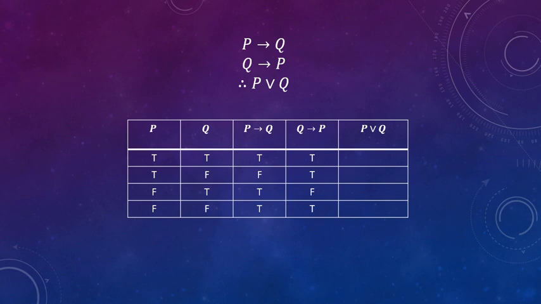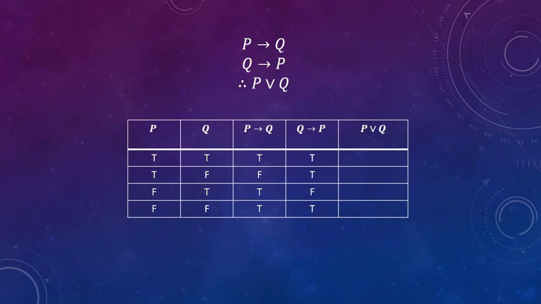So instead of completely filling out the final column, which is the column for our conclusion, once we filled in the columns for each of our hypotheses, let's just highlight the critical rows there, and then let's only find the truth values of our conclusion for those particular rows, because those are the only things that we care about when it comes to determining whether or not we have an argument that's valid.